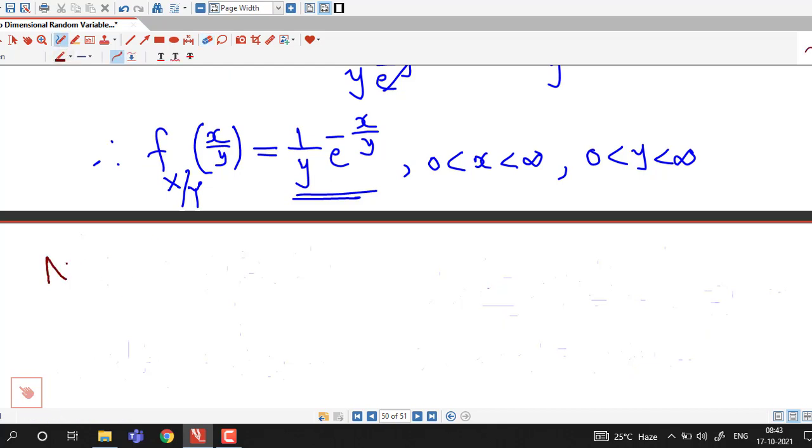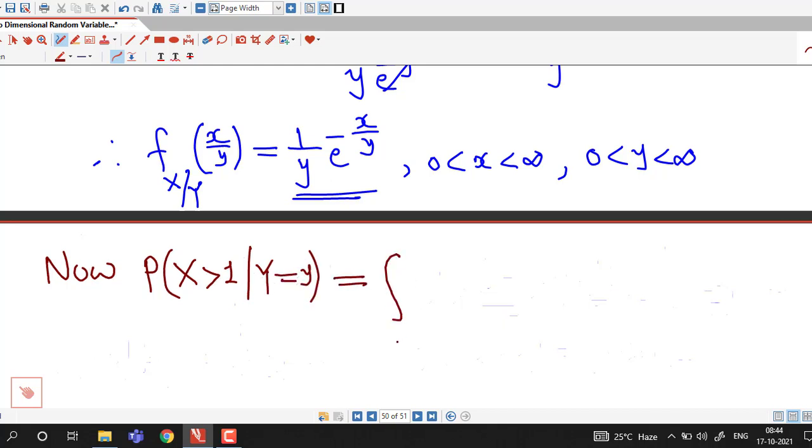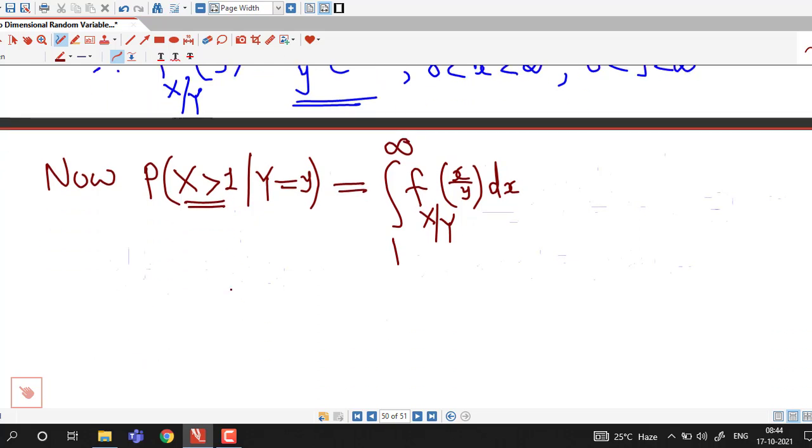Okay, so now the probability that capital X is greater than 1 given that y equal to y is nothing but the integral from 1 to infinity of the conditional density of random variable x given y with respect to x, because we are interested in the probability of random variable x taking values greater than 1.